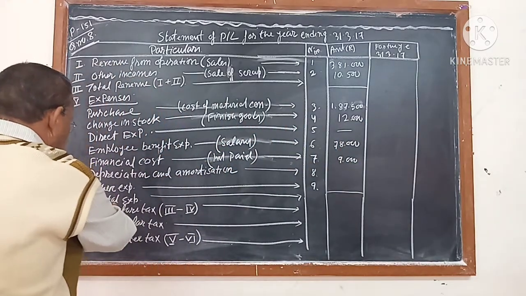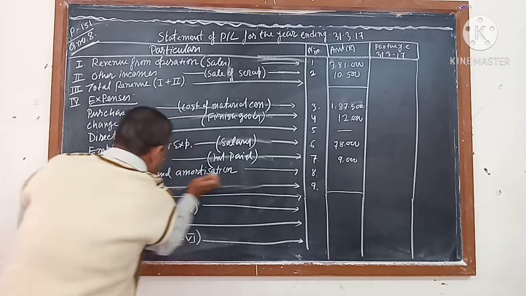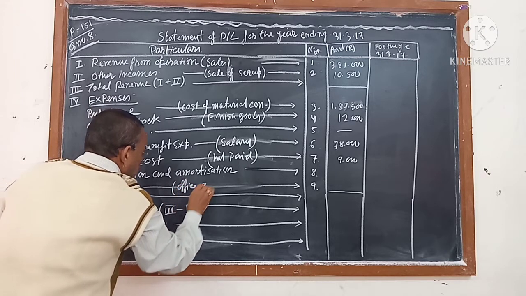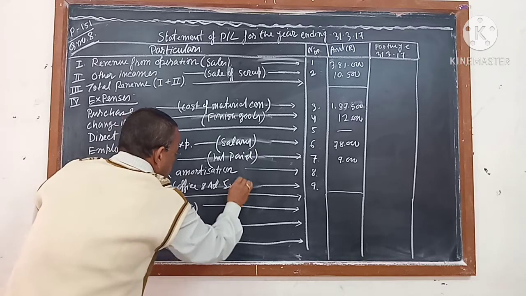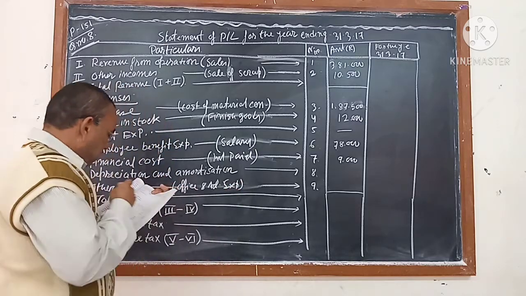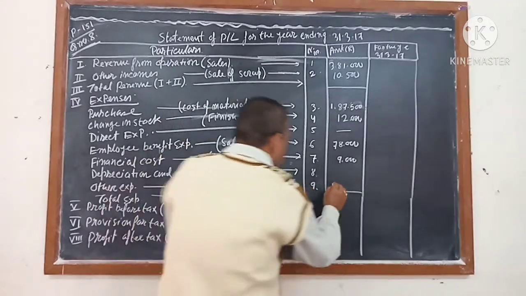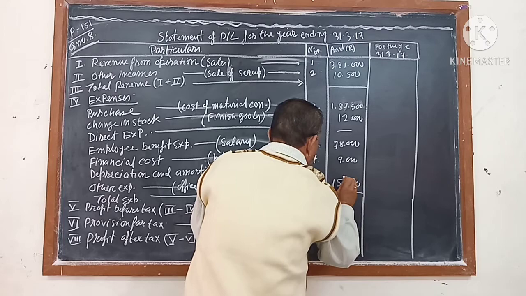That is other expense. Here you write office and administration expense 15,600. Correct?